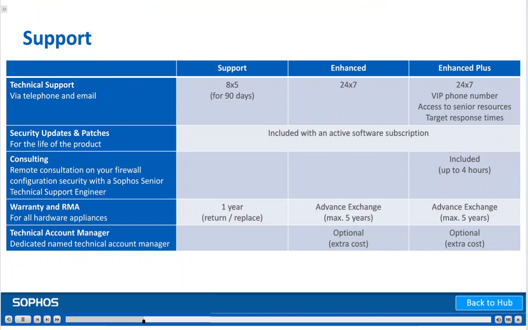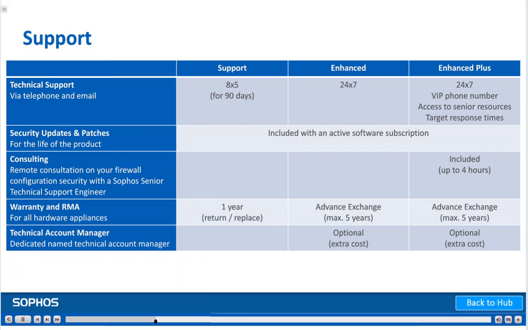There are three options available for support. Standard, which covers 8x5 technical support for 90 days and 1 year of return or replace warranty. This is included with every Sophos XG firewall. Enhanced, which covers 24x7 technical support and advanced RMA for as long as the support contract remains valid.